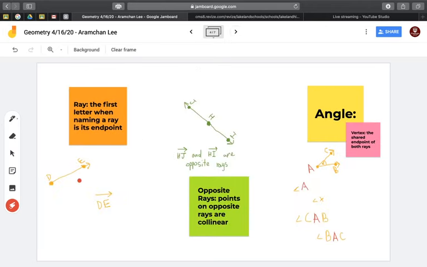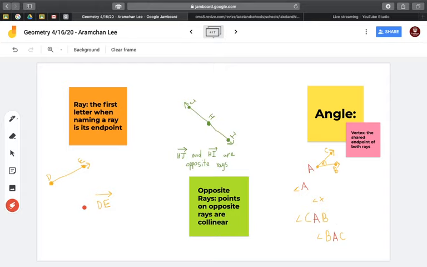So when we're drawing a ray, we have an endpoint, which here is point D, and we extend this indefinitely in one direction. So unlike a line, it does not extend in both directions, it just extends in one direction. This can be written as ray DE.